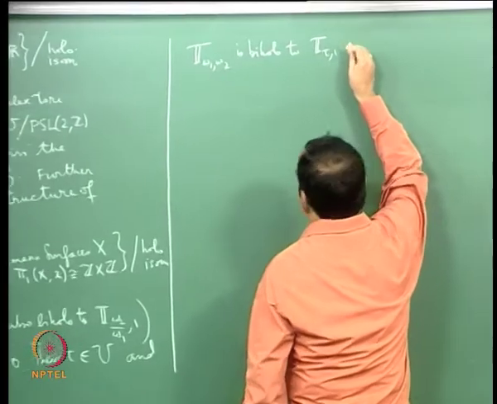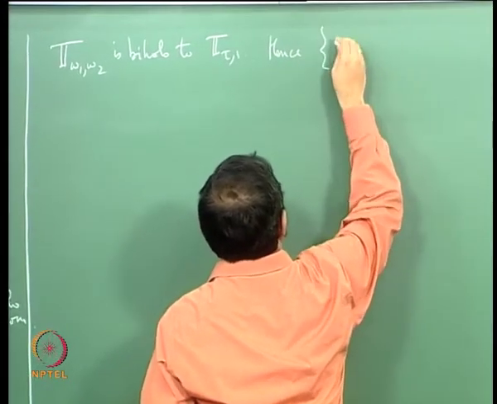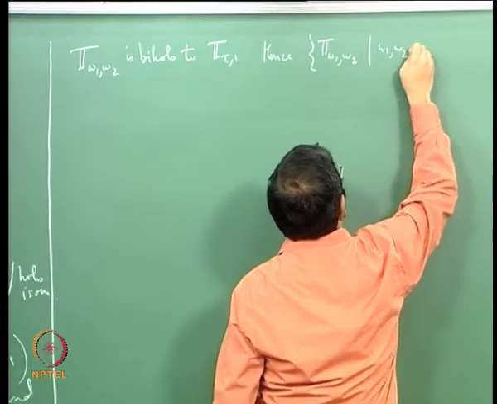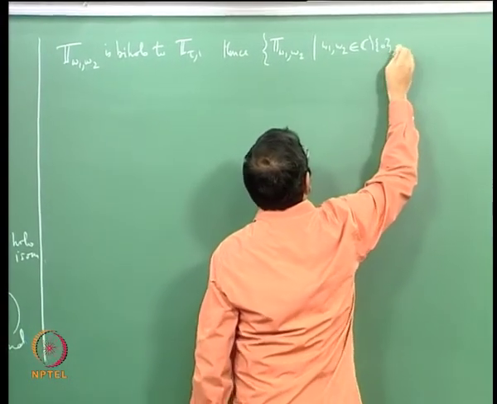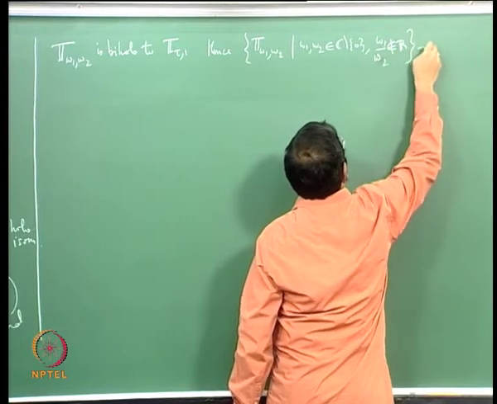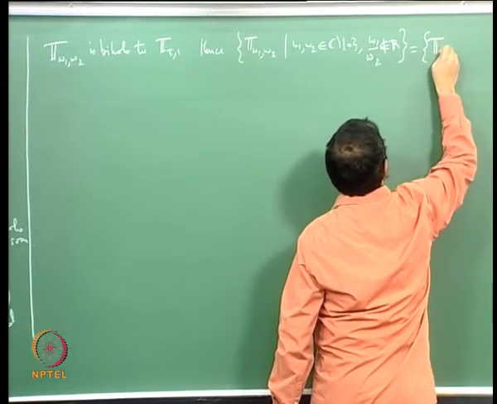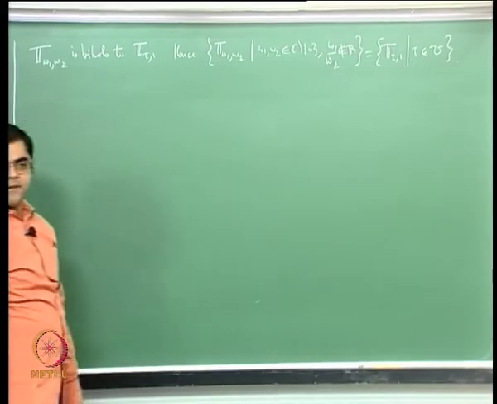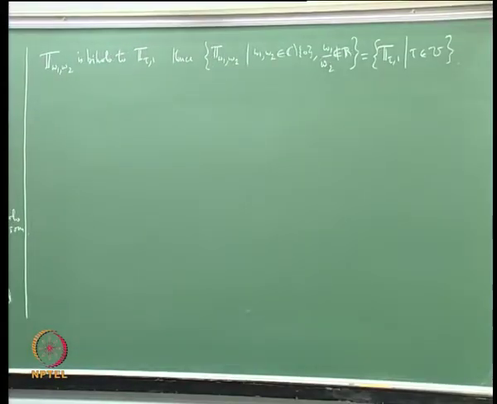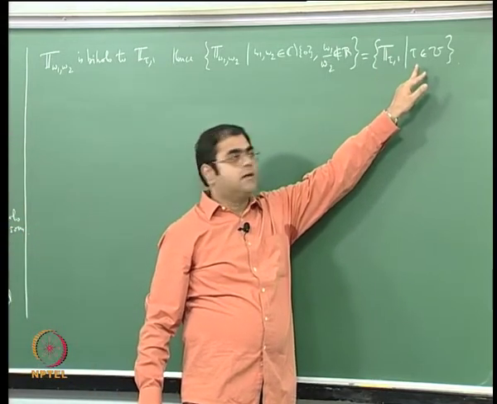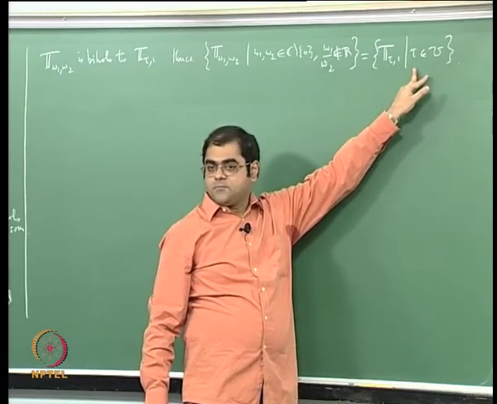So what is the upshot? Let me write that down. Hence the set of T omega 1 comma omega 2, with omega 1, omega 2 in non-zero complex numbers such that omega 1 by omega 2 is not real, is exactly the same as the set of T tau comma 1 where tau is in U. So it's enough to look at only complex tori of this form up to isomorphism.